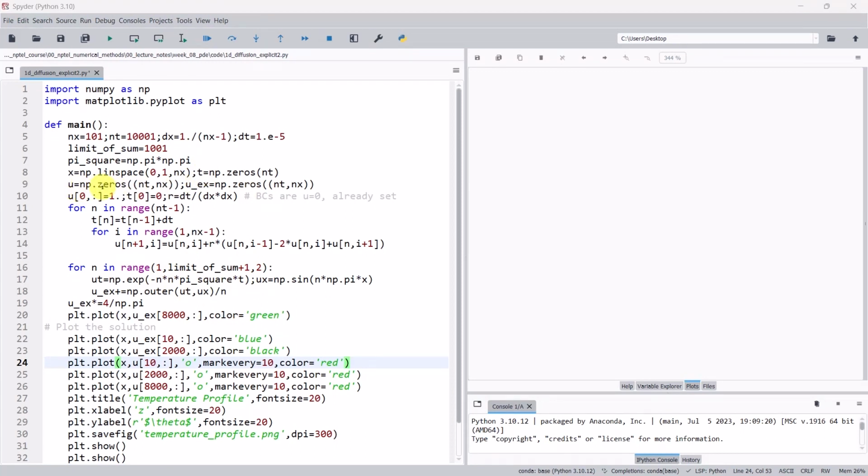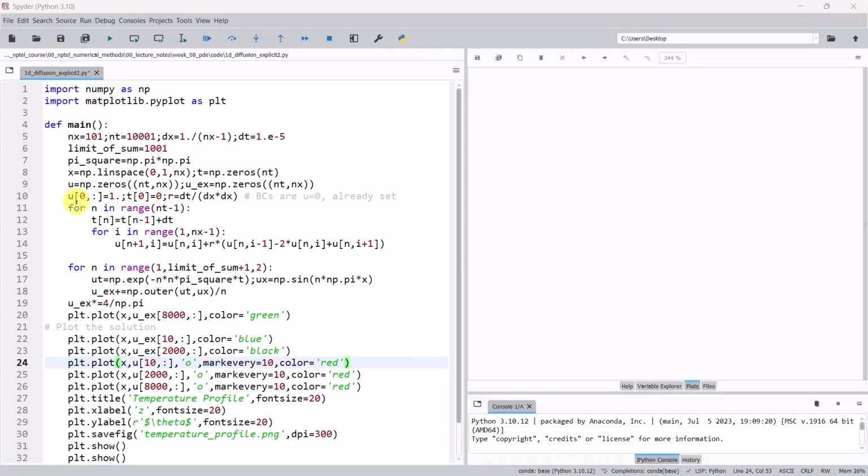Now I create this x grid with the x linspace command, and this gives us the points on the x-axis where I'll find my temperature. Similarly, small t is time, which I am initializing as an array of size nt.